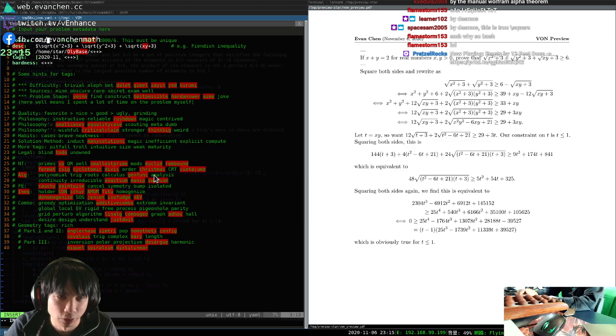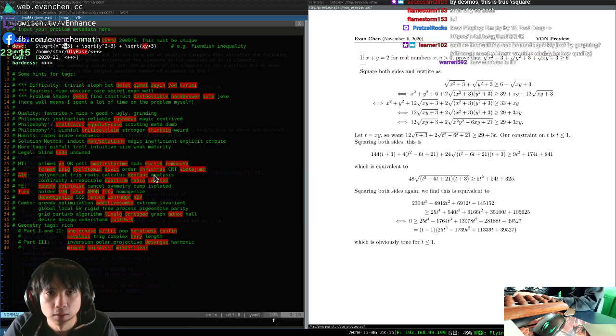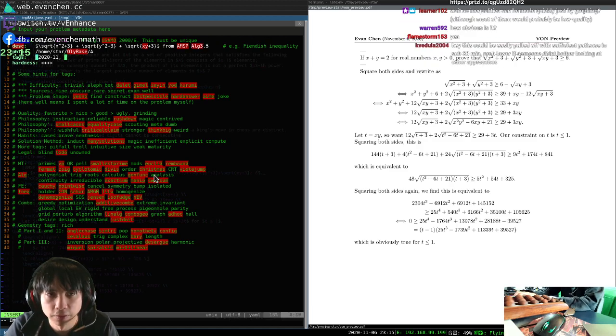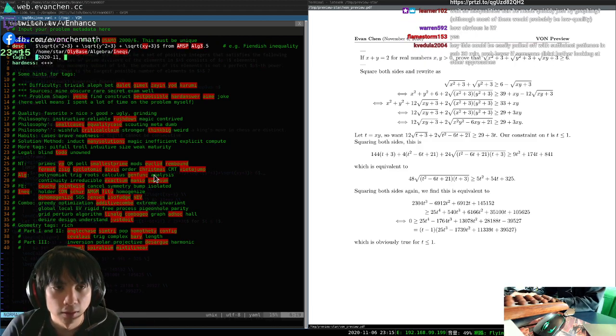I think I'm gonna record this in my database under a Twitch identifier. And I'll make a note: AMSP Alg3.5 algebra. This is inequality grinding. I don't know what to tag it.